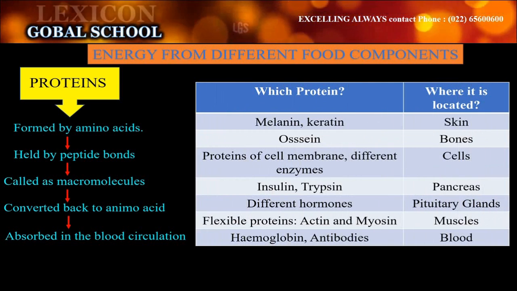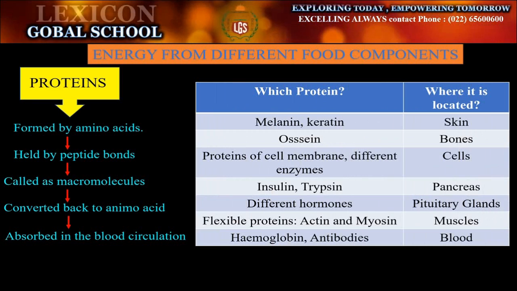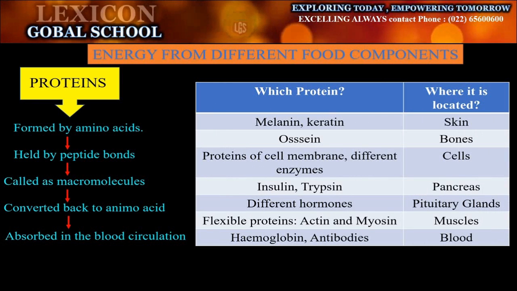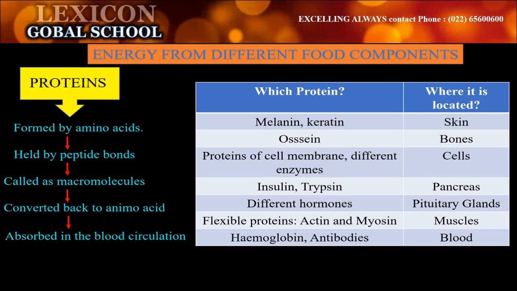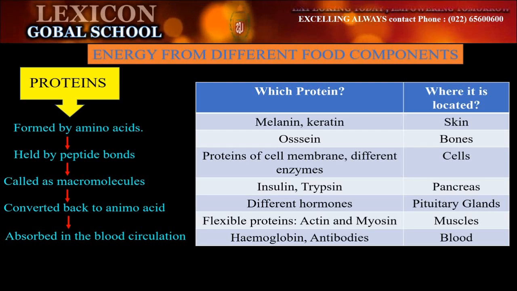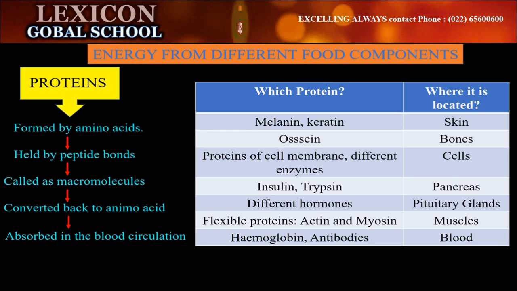Which protein, and where is it located? Melanin and keratin are located in the skin. Ossein in the bones. Proteins of the cell membrane, different enzymes are located in the cells. Insulin, trypsin in the pancreas.